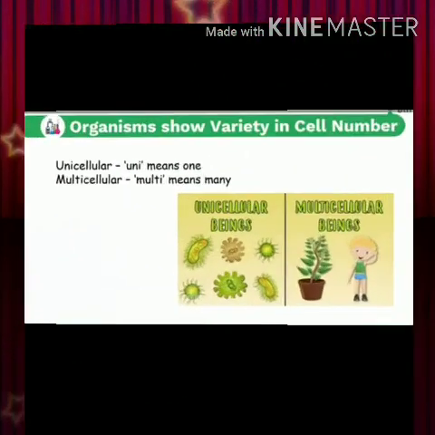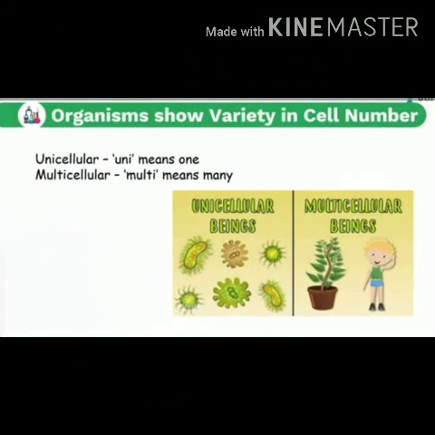Let's see how organisms vary on the basis of cell number, cell shape and size. Our living organisms show variety in terms of cell number, cell shape and size. First we will deal with the cell number.